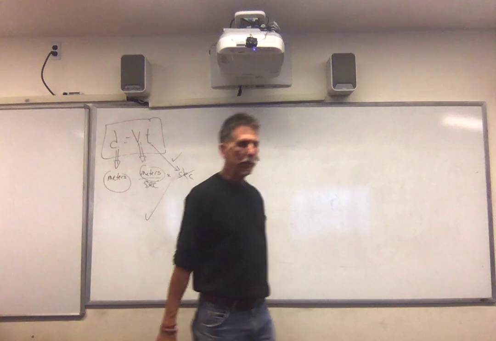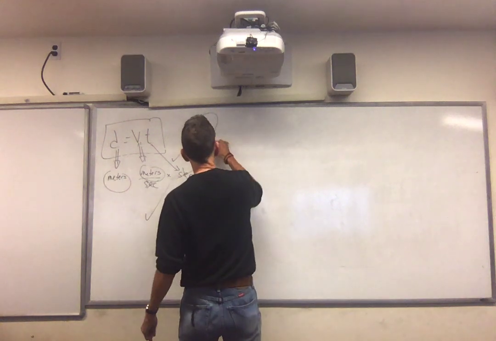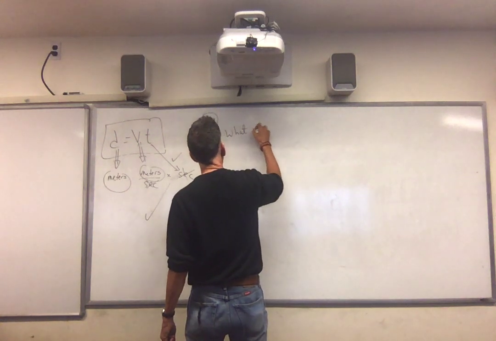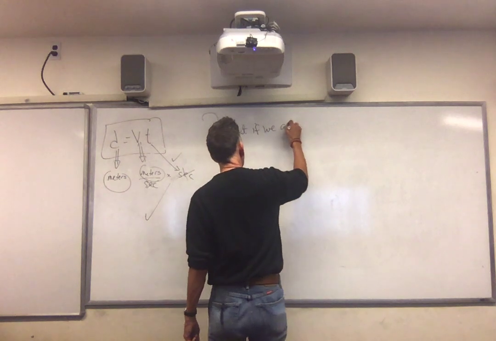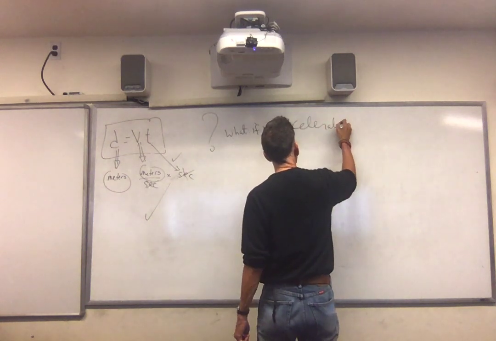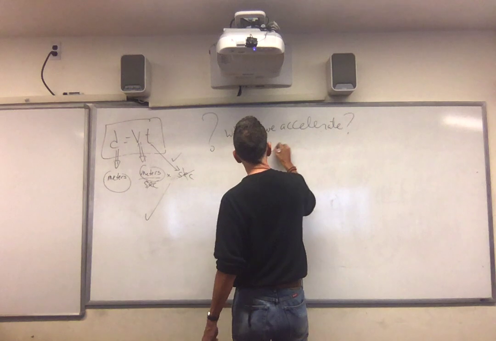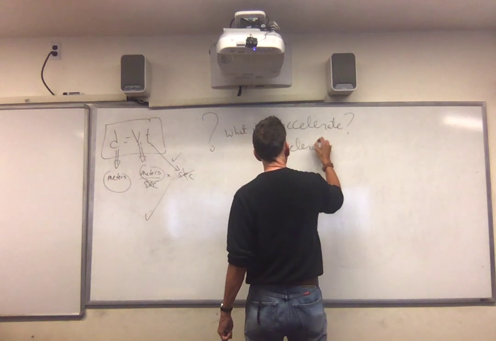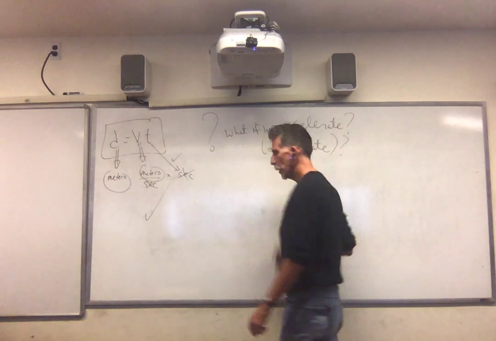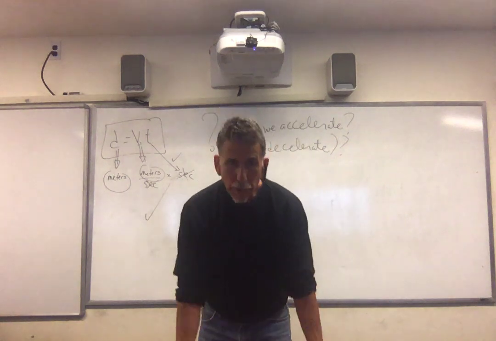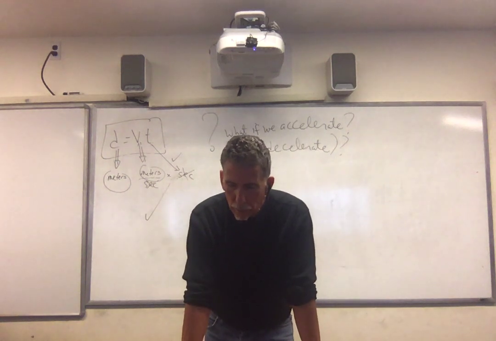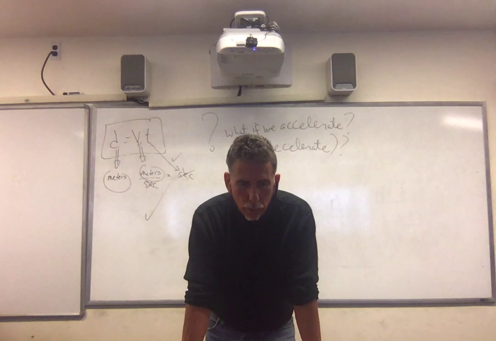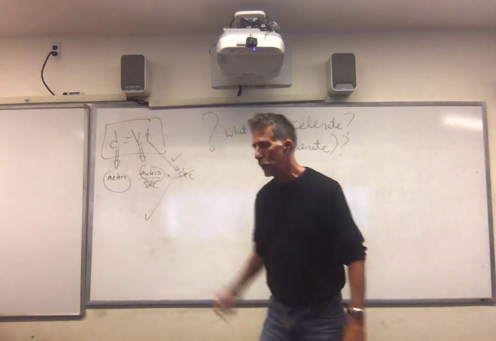But what happens? What if we accelerate? Or decelerate? Okay? Again, I'm going to hand wave. I'm just going to not derive this, but talk and see if you understand. We'll just do some logic, okay?